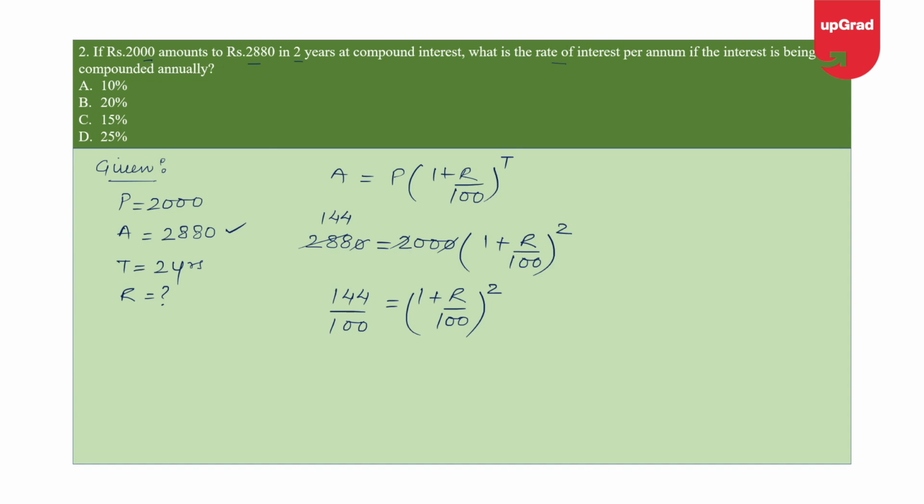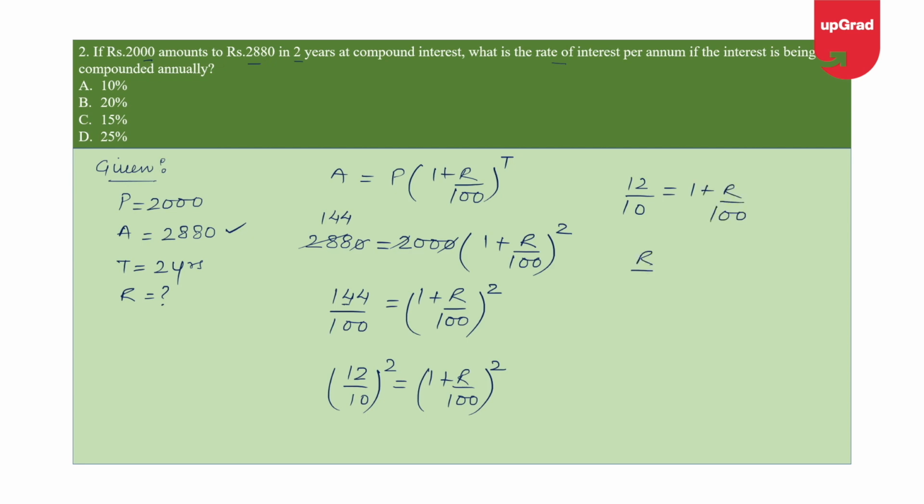Now luckily 144 is a square of 12, and 100 is a square of 10, so I can write it this way, and therefore I can eliminate the powers from both the sides. And I can straight away write that 12 by 10 is equal to 1 plus r by 100.